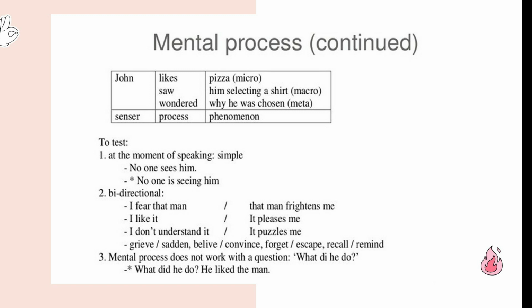I don't understand it, or it puzzles me. And then grieve or sadden, believe or convince, forget or escape, recall or remind. And then the mental process does not work with the question, what did he do? So what did he do? He liked the man.